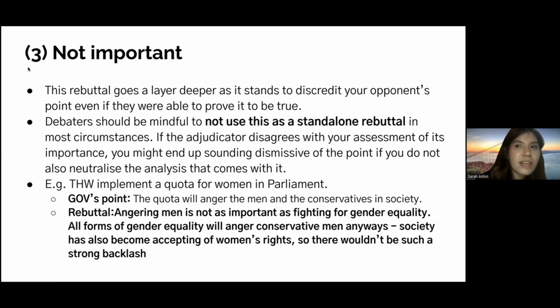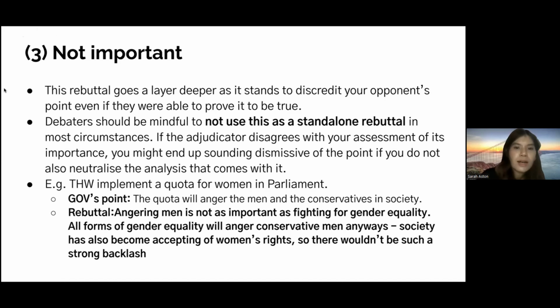If you are in a room that's very solid and competitive, it's unlikely that you will have teams that will just prove things that are essentially untrue, right? Which means the likely rebuttal that you probably will be making is to tip the scale, or what we're seeing on slide, which is just why what they're saying is not going to be important.